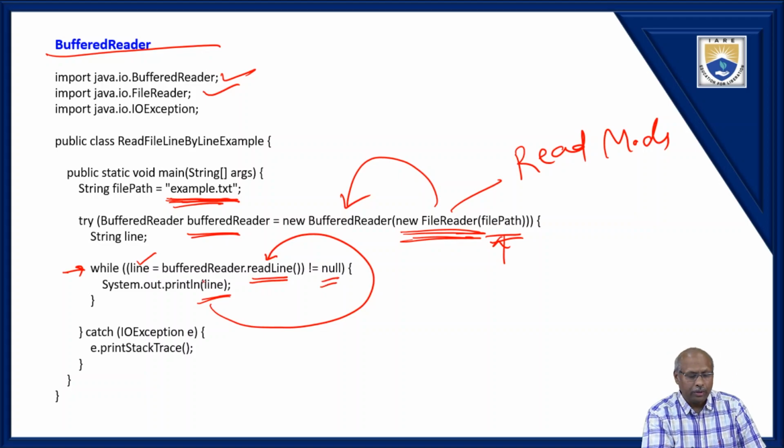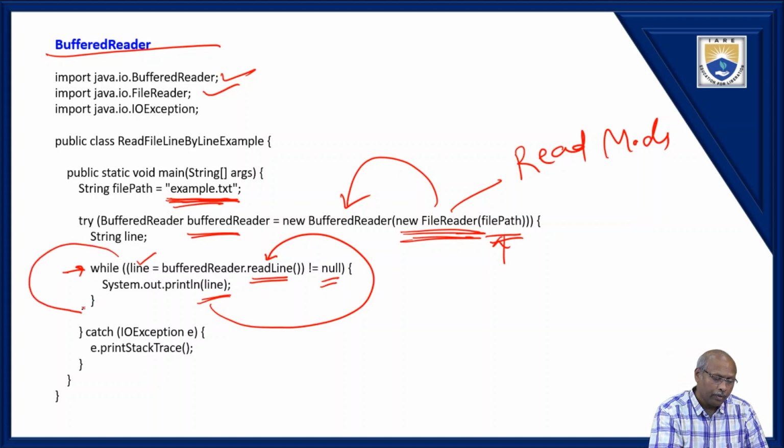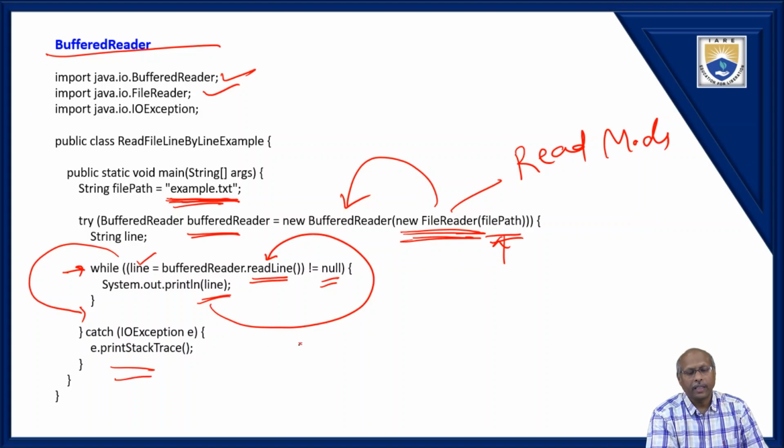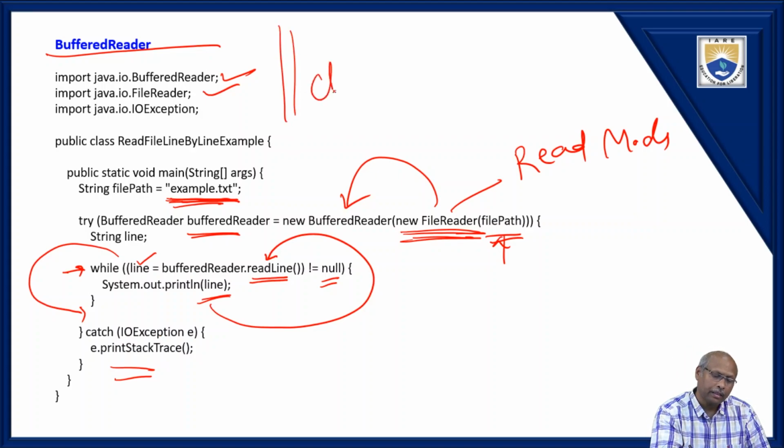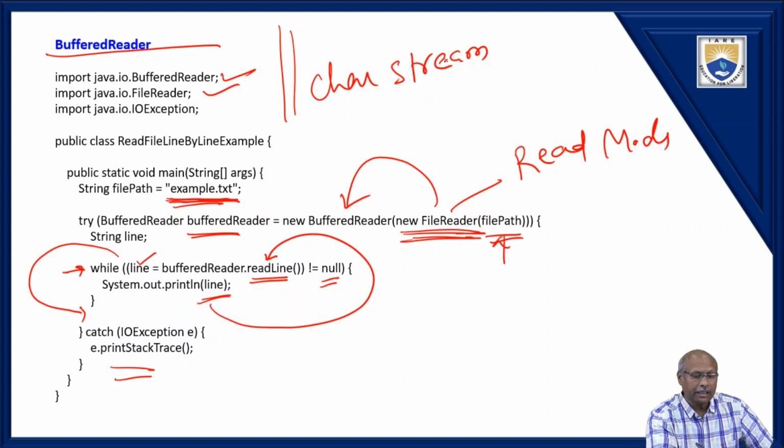Whenever the null value comes, the loop will stop. If it is not able to read, it will throw an exception. When an exception comes, it will stop, and I can print a message saying why it has come. So this is the way for reading and writing with character stream. For character stream, the best classes are reader as well as writer.